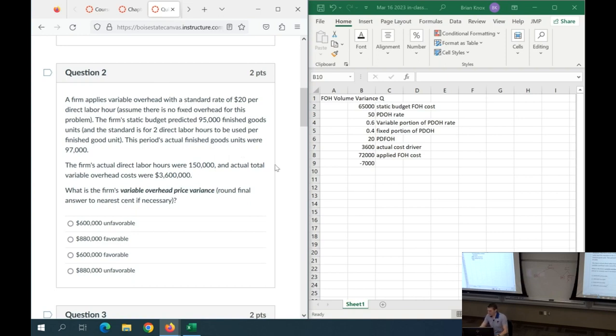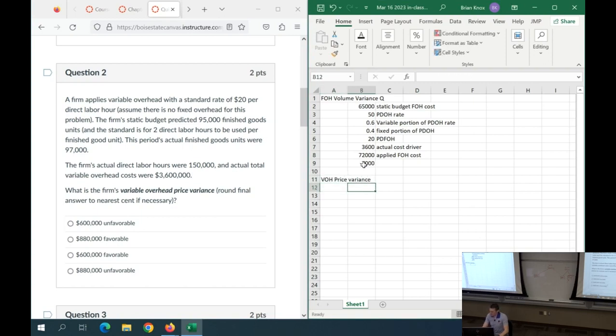All right, so this firm applies variable overhead with a standard rate of $20 per direct labor hour. It doesn't label this as a PDOH, but that's what that means. We assume there's no fixed overhead in this problem. The firm's static budget predicted 95,000 finished goods units, and the standard is for 2 direct labor hours to be used per finished goods unit. So let's go to the VOH price variance question.